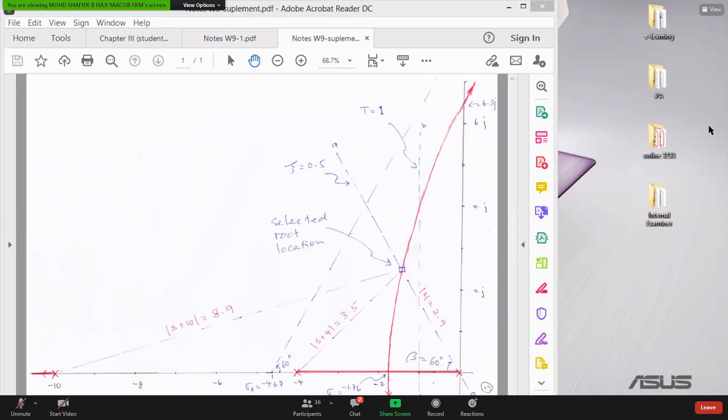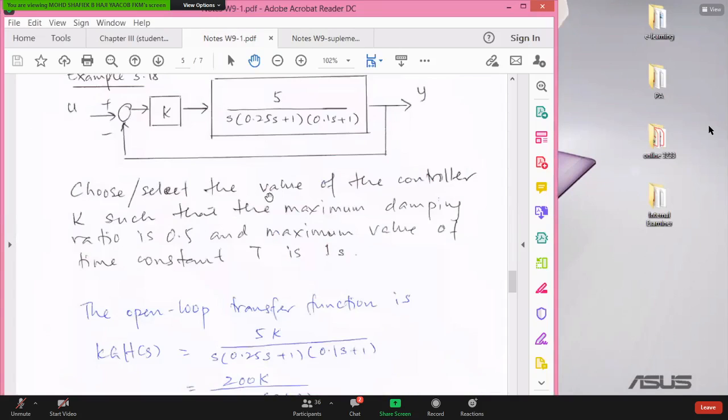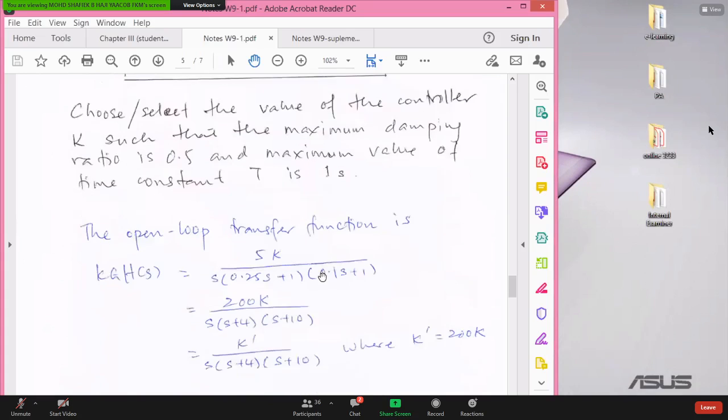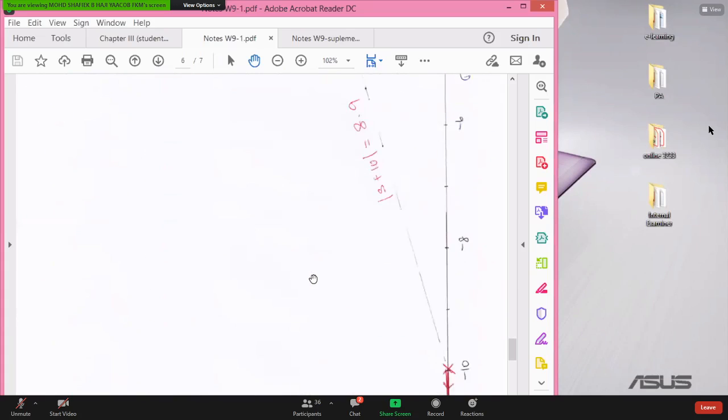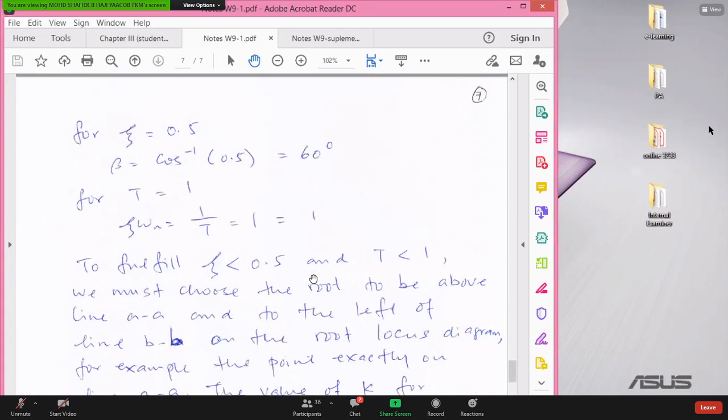All right, so now let us answer this question. The specification is that the damping ratio must not be greater than 0.5, and the time constant must not be greater than 1. So from that information, let us first choose the damping ratio 0.5.